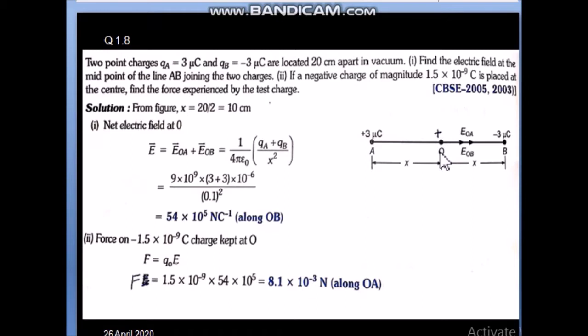We can call them E1 and E2 also, or let us call them EOA and EOB. EOA means electric field at point O due to A charge, and EOB means electric field at O due to B charge.